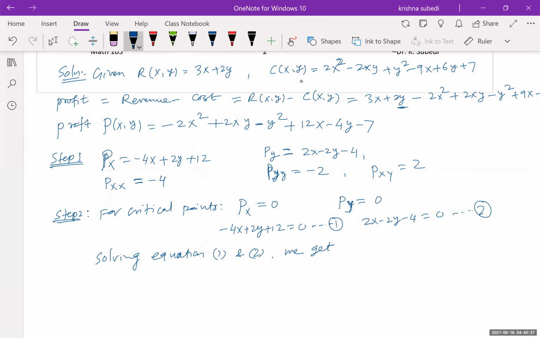Okay, solve these two equations. You already know how to solve linear equations from your high school. Solve it and let me know what is the value of x and y. Type your answer in the chat box.